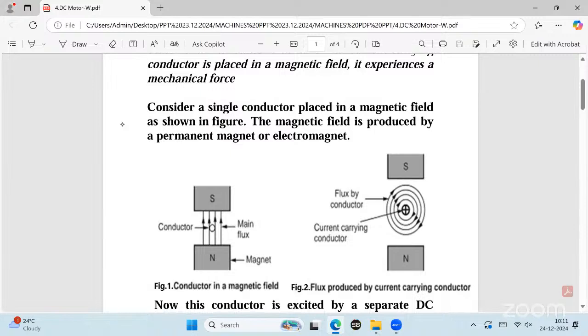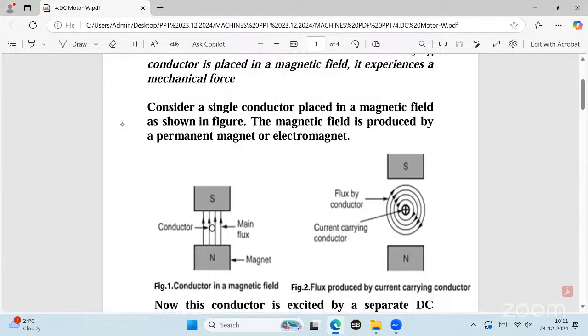First, I need a magnetic field, north pole to south pole. Is it an electromagnet or a permanent magnet? Which one have we taken? Permanent magnet means we get it from Earth.